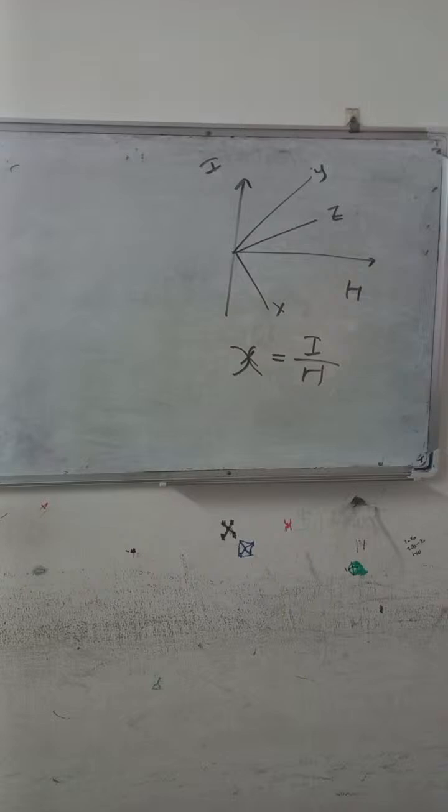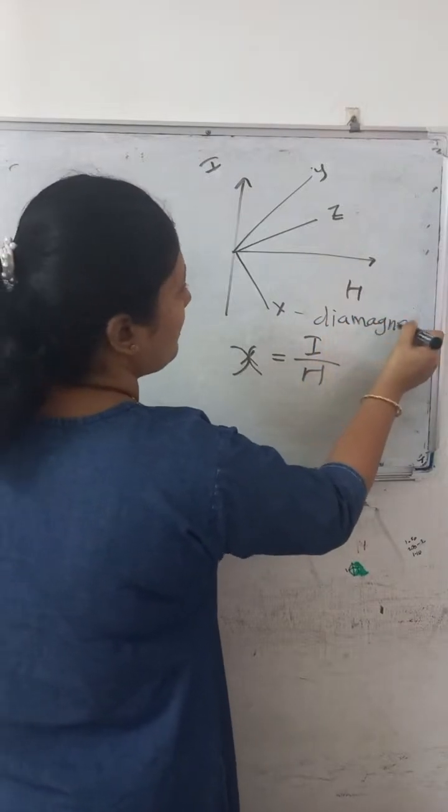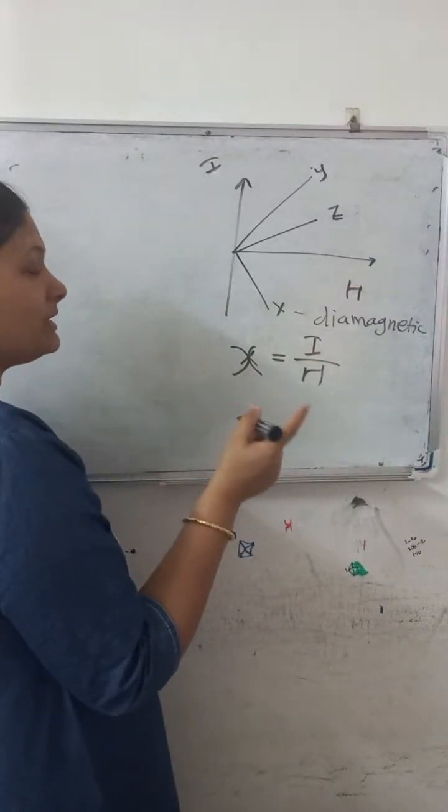If we take a paramagnetic material, it is small but positive. And I by H is negative when the material is diamagnetic. Very important: X is nothing but your diamagnetic material, because diamagnetic susceptibility is always small and negative.